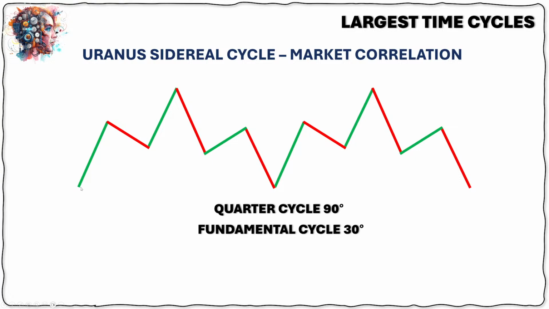Now sometimes it even does an up down in the 30 degrees, an up down in the 30 degrees, and then one up. Then it does a down up, down up. There are a few permutations and combinations possible here. I'm not going into all the details because that will get too complex. So let's move a little ahead and see the expansion which happens.